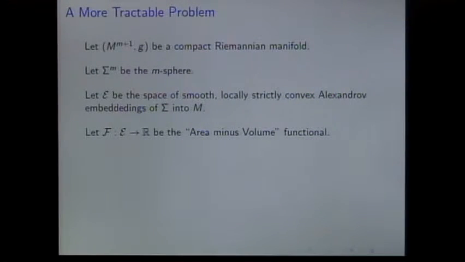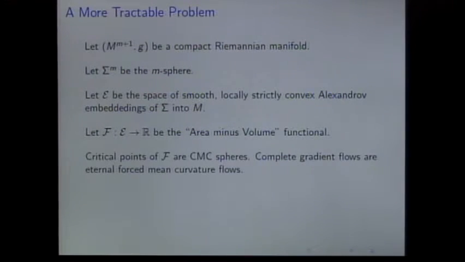And this is the functional one usually studies when one wants to study CMC surfaces. So the critical points of this thing will be the CMC spheres, constant mean curvature spheres. The complete gradient flows, instead of being mean curvature flows, are now forced mean curvature flows.